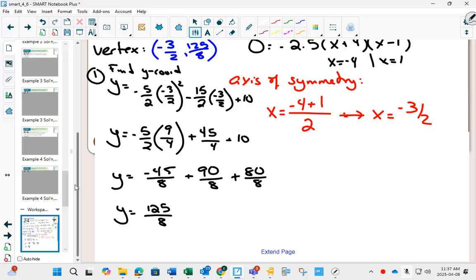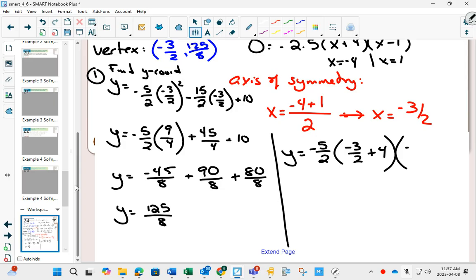I could have also used the factored form. Let's see if it's a little bit easier with our mental math. I'd still have negative 5 over 2 out in front. Let's plug in negative 3 over 2 plus 4, and negative 3 over 2 minus 1. Order of operations, I would do my brackets first. I'd get a common denominator. So negative 3 over 2 plus 8 over 2 is positive 5 over 2.